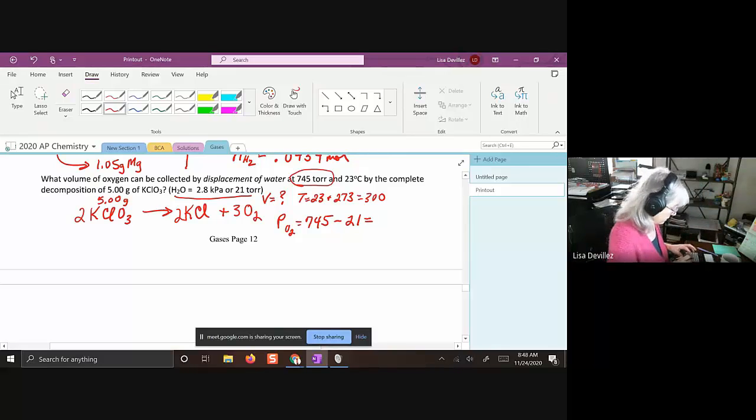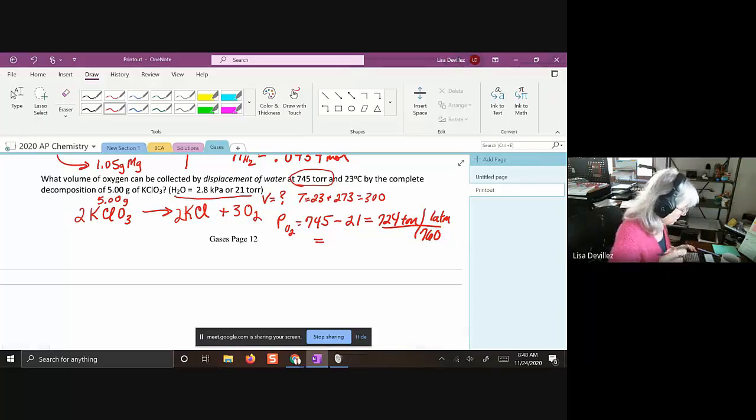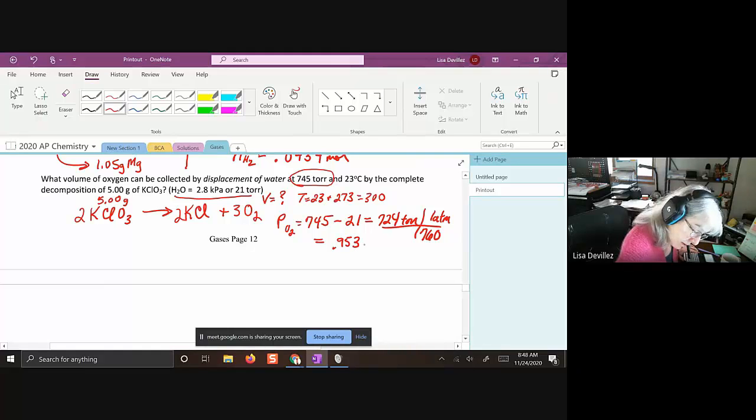So 745 minus 21 gives 724 torr. 760 to 1 atmosphere, so that's going to be 0.953. Okay, so I've got all that information.